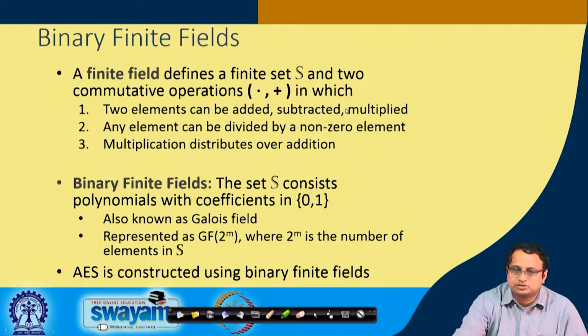Of course, you had to do the final modular reduction, and a modulo with an irreducible polynomial can also be realized very efficiently using only exclusive ORs. Therefore, binary finite field based circuits are amenable to efficient implementations, and that is one of the reasons why we have very efficient architectures for the AES algorithm.